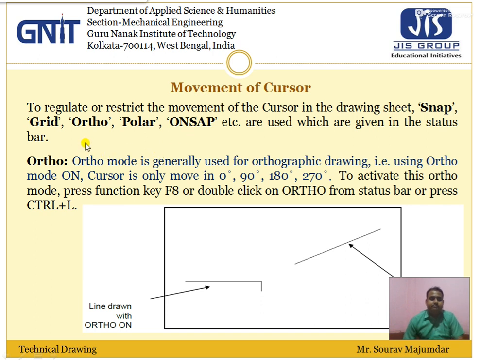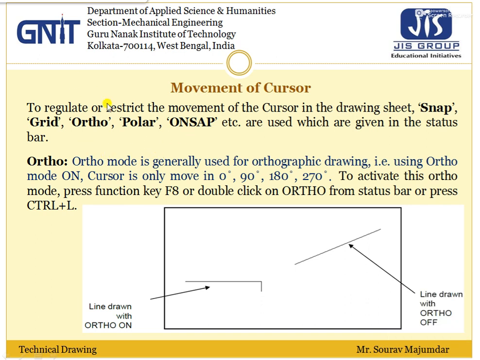so let's see what is ortho. Ortho mode is generally used for orthographic drawing, that is, with ortho mode on, the cursor is moved in the 0 degree, that is horizontal direction, or 90 degree, or 180 degree, or 270 degree.